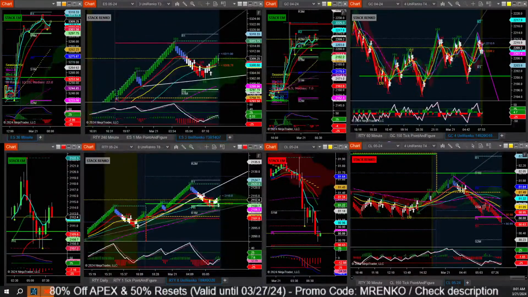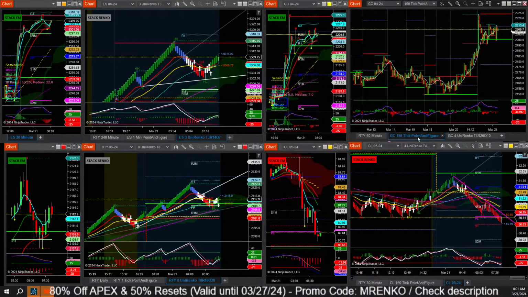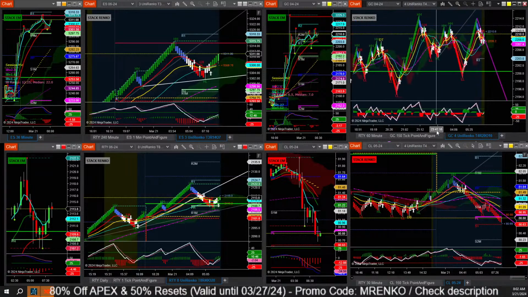Let's get to the, if I can fix this monitor. Okay, let's go to the point and figure charts first, and then if you ask if I use Renko, there was a comment before by Speed Racer 5. Yes, we do use Renko charts in all the entries.